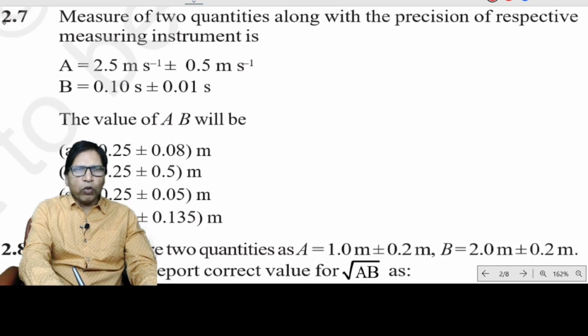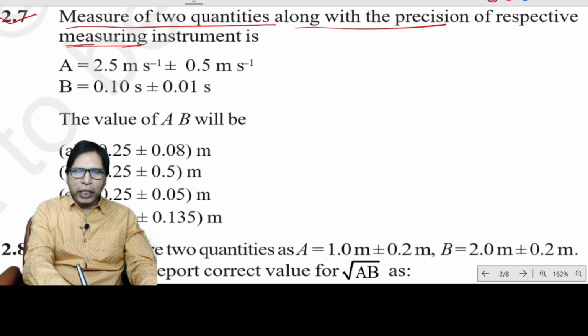Okay. Now question number 2.7. Measure of two quantities along with the precision of the respective measuring instrument is. Look at this. This is 2.5 meter per second and the error is 0.5 meter per second. This is the second and this is the error in measurement of time.